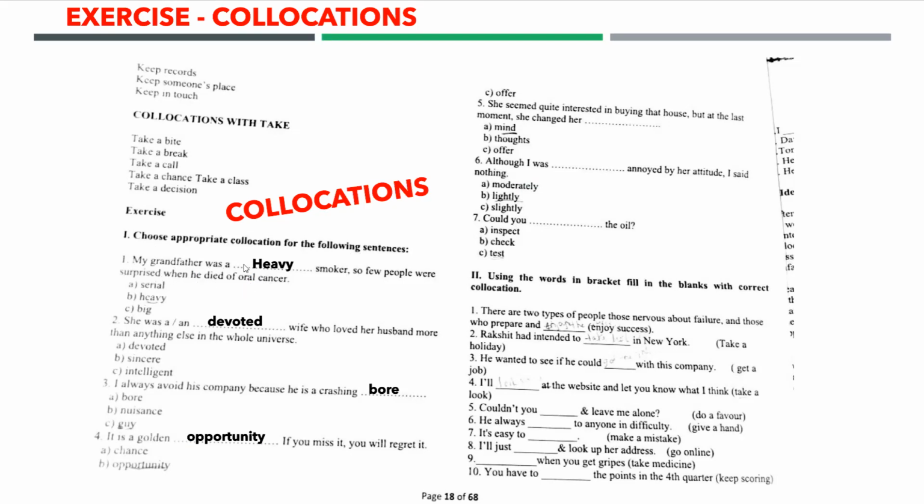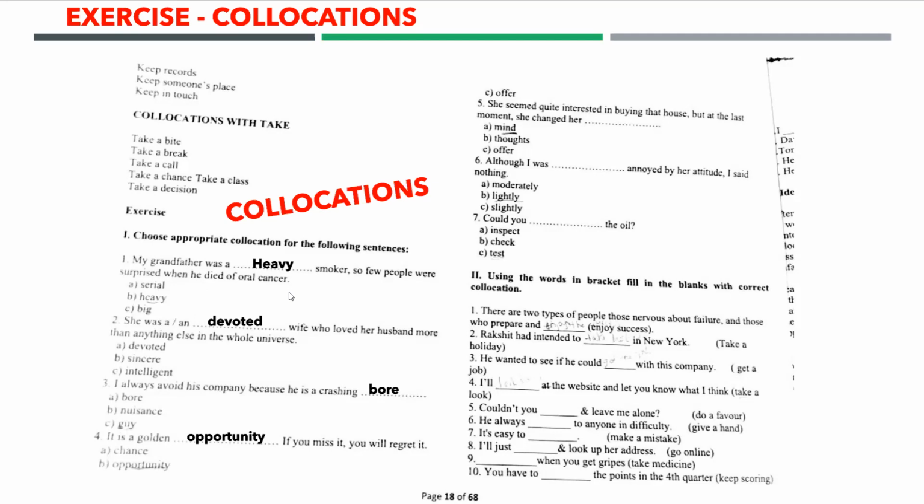Here: my grandfather was a dash smoker, so few people were surprised when he died of oral cancer. Here we have the options: serial, heavy, big. So the correct collocation for this sentence is: my grandfather was a heavy smoker, so few people were surprised when he died of oral cancer.